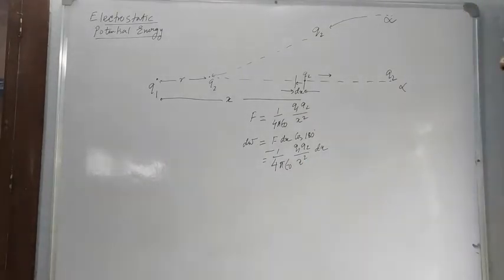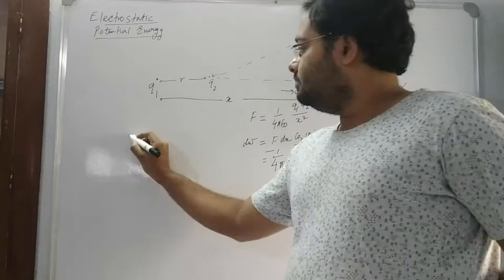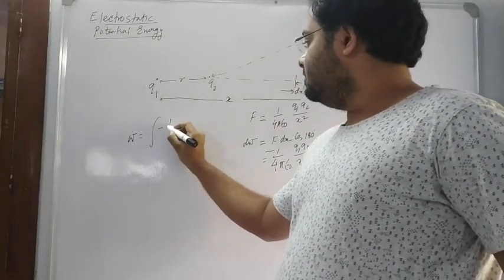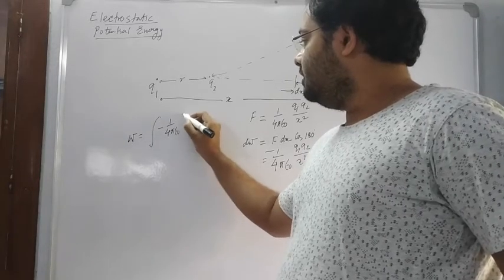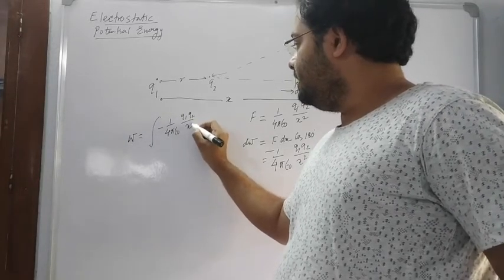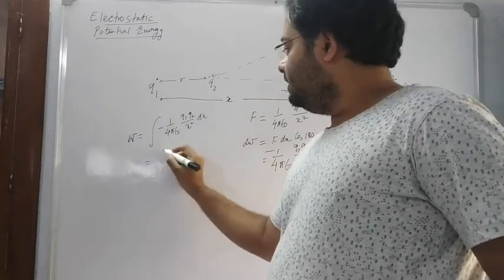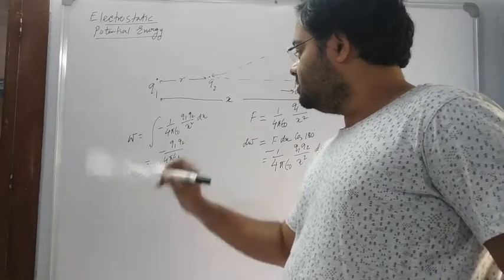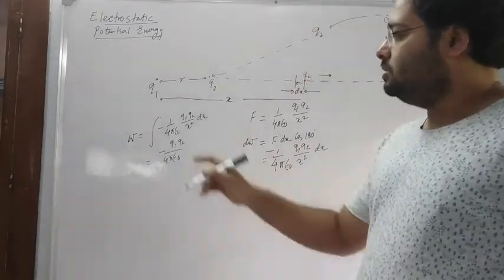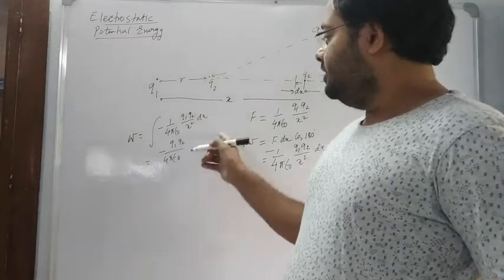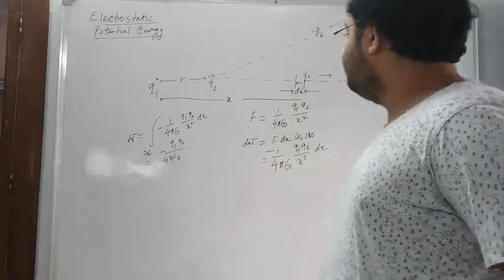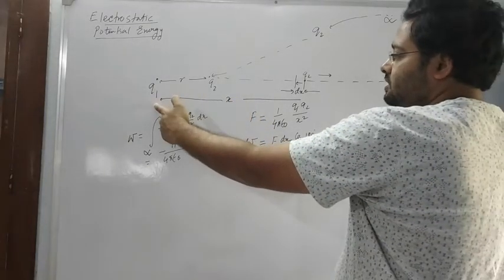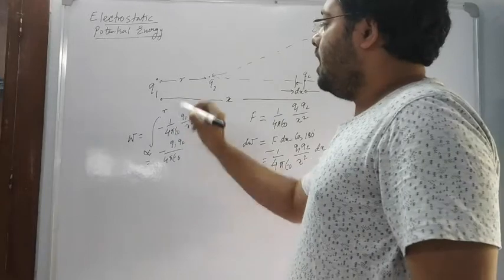And if you integrate it, W equals the integration of minus 1 by 4 pi epsilon naught Q1 Q2 by x squared dx. This part, minus Q1 Q2 by 4 pi epsilon naught, is constant and comes outside the integration. The limits of the integration: you started from infinite distance, so the initial value of x was infinity and the final value of x is r.